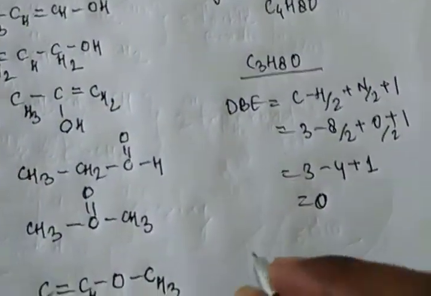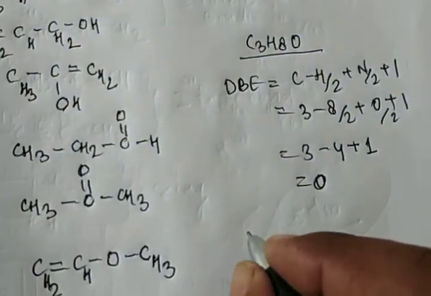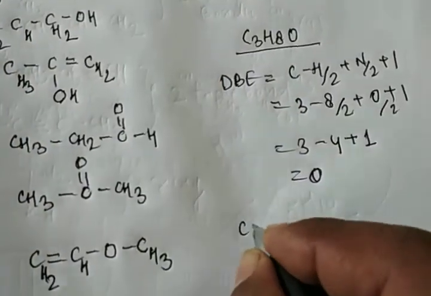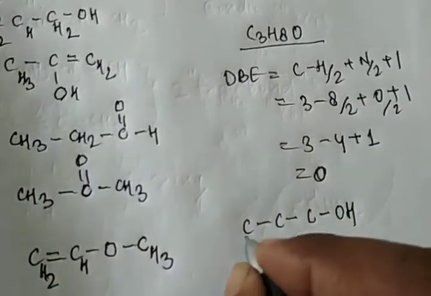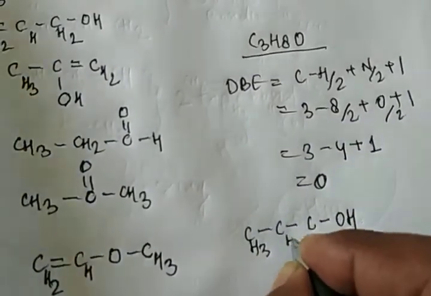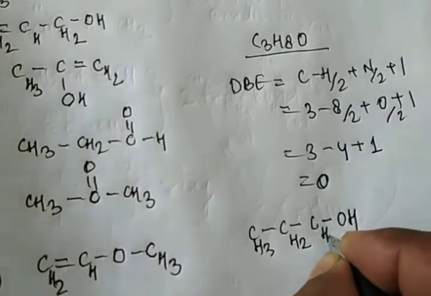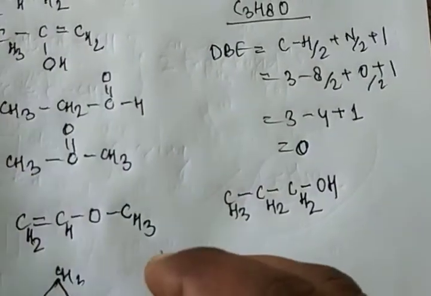So just find out how many structures are found. There is no double bond. It means there are 3 carbon, 1 oxygen and 8 hydrogen. Clear?